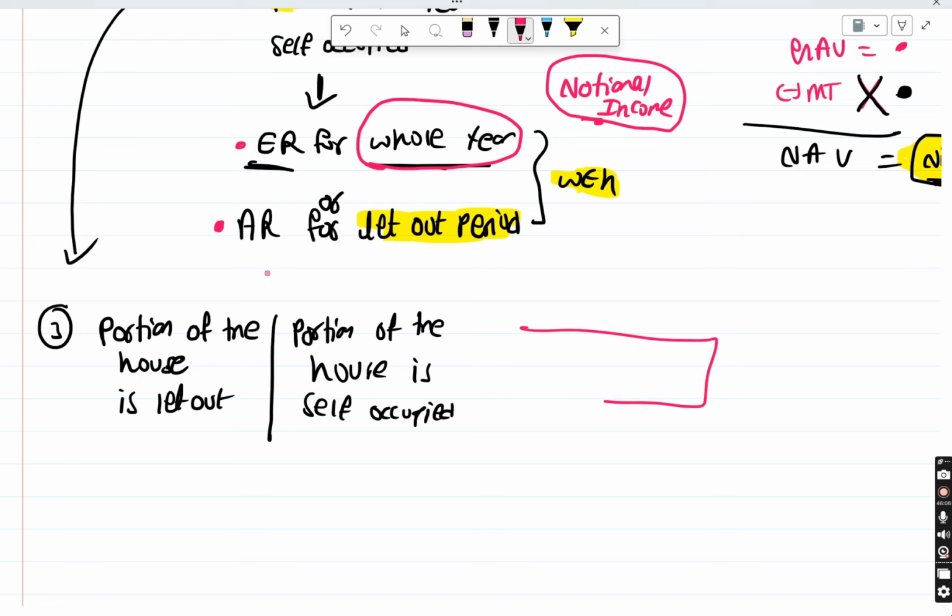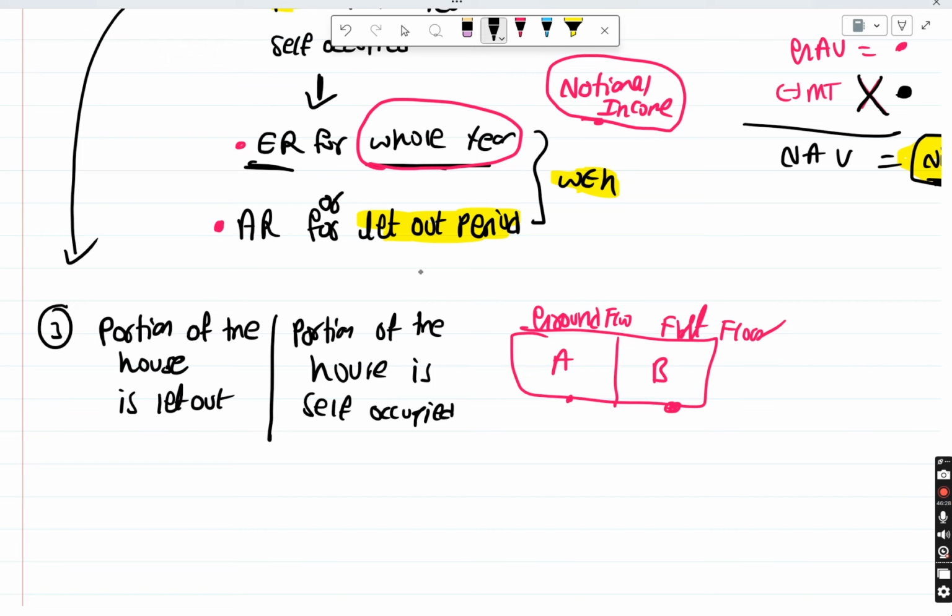So let's just say there are two houses, A and B. Let's take it that this is the ground floor, right? This is the first floor. So on the first floor we have given rent, that means B we have given rent, and A is self occupied by the owners.